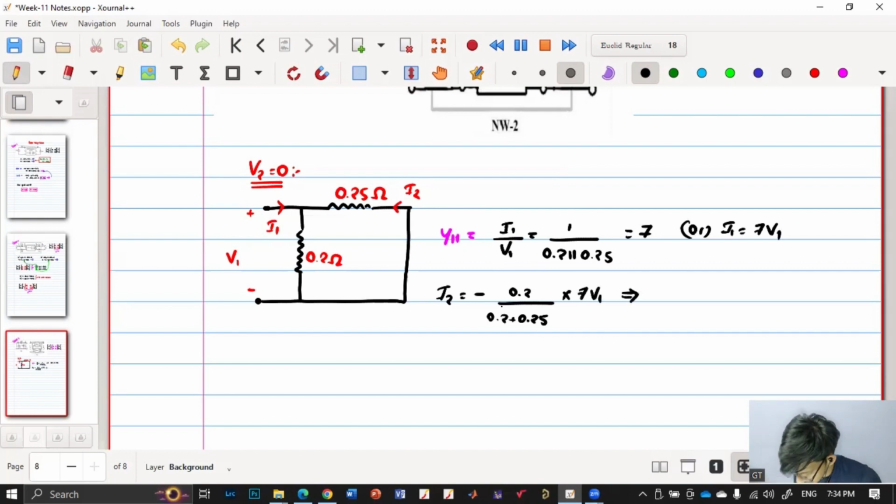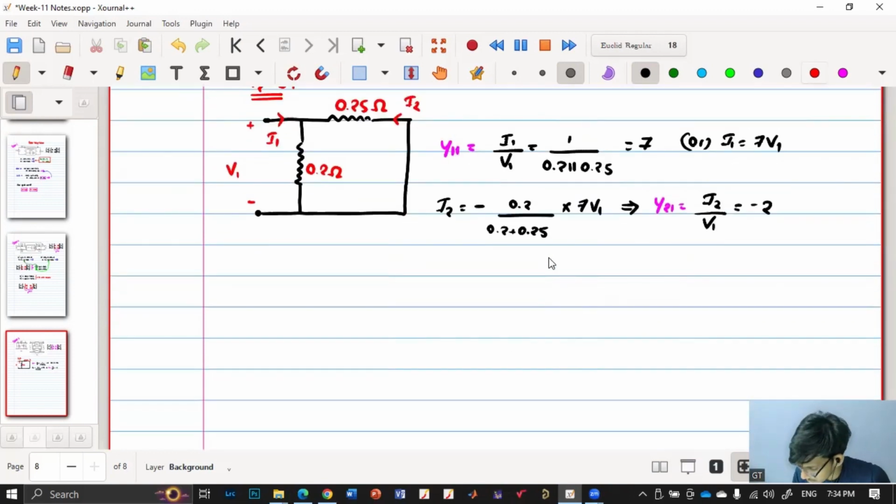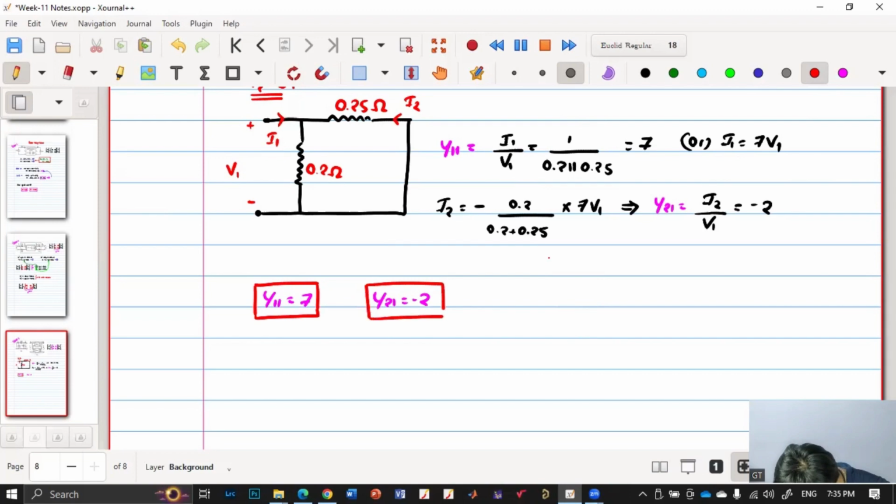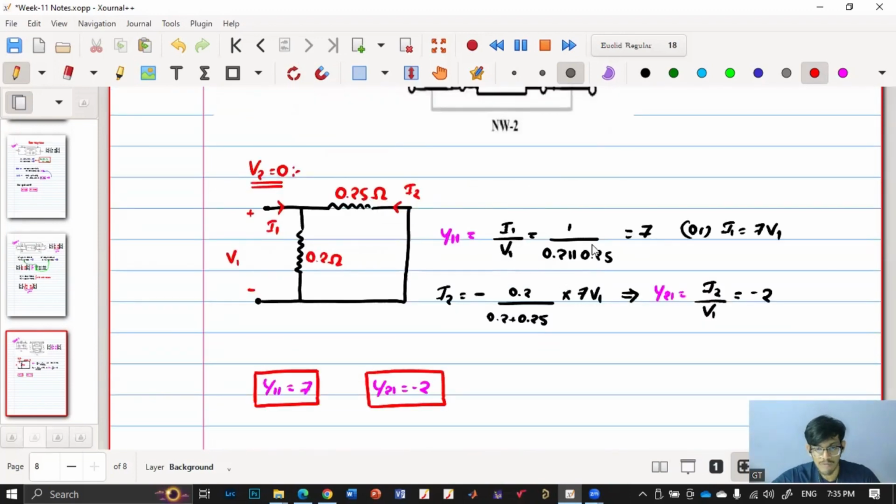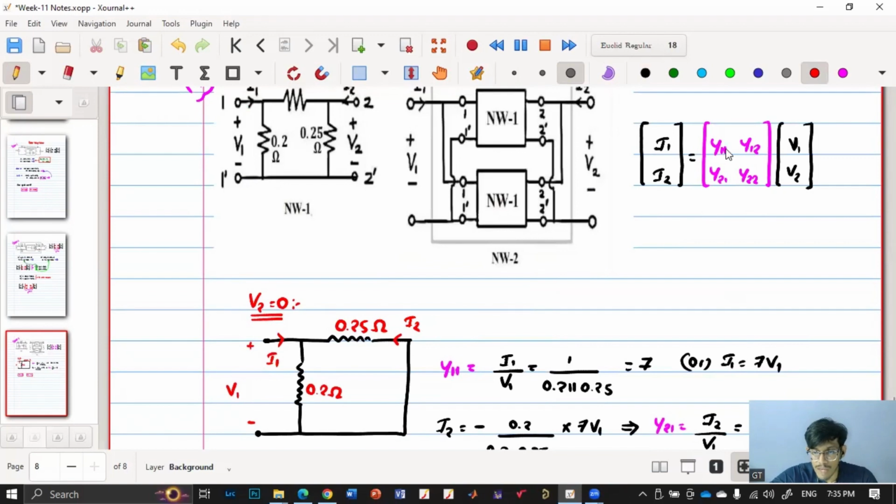Then you will get I2 by V1, which is Y21. So Y21 is equal to I2 by V1, which is minus 2. So from here we got two parameters: Y11 is equal to 7 and Y21 equals minus 2. So when we make V2 equal to 0, we get Y11 and Y21.